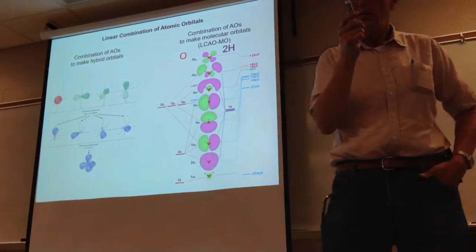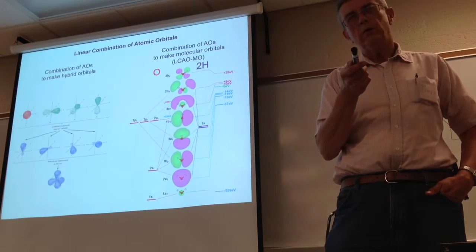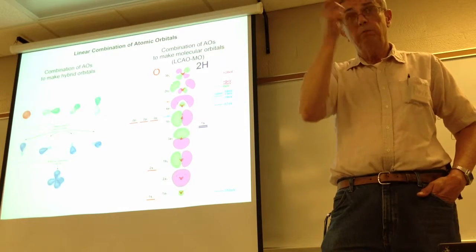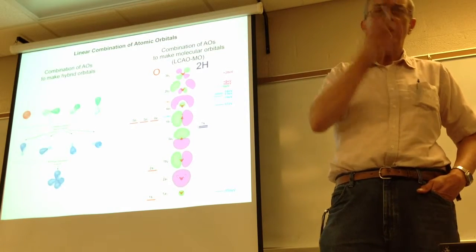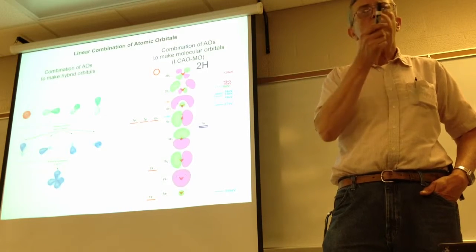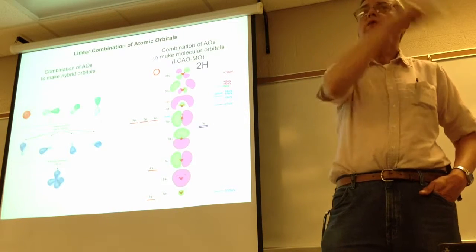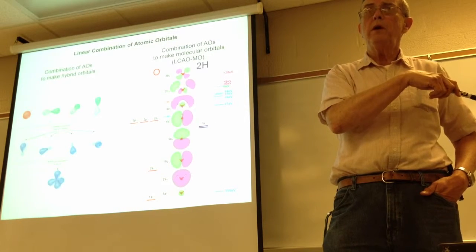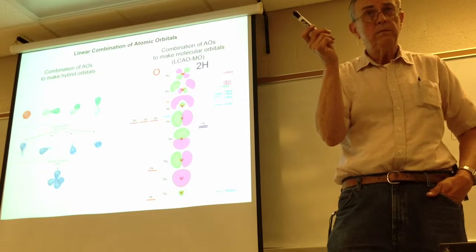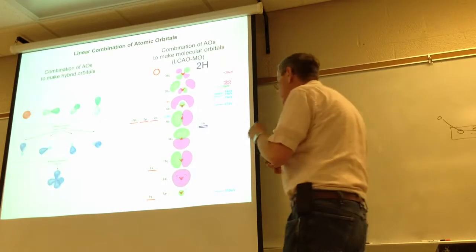So you're familiar with that general concept of taking atomic orbitals, doing a linear combination of them to get some new orbitals, and those new orbitals occupy different regions of space from each other and from the original atomic orbitals that were combined, right?